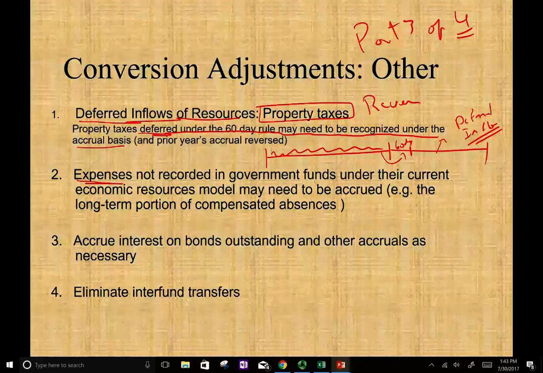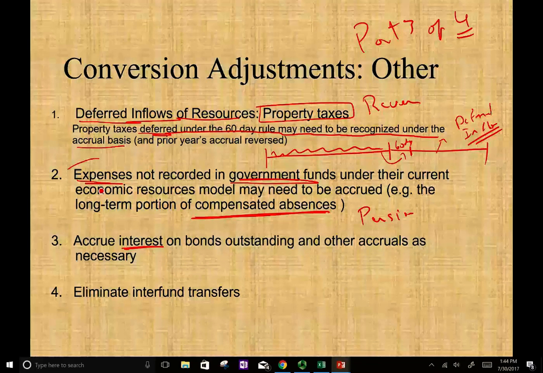Remember, expenses are very similar between modified accrual and accrual basis. But there are certain expenses that are not recorded in governmental funds under the current economic resources model, like the long-term portion of compensated absences. We don't record those. Also, remember, pension is long-term, we don't record it. Also, we don't record interest expense. We don't accrue interest expense.